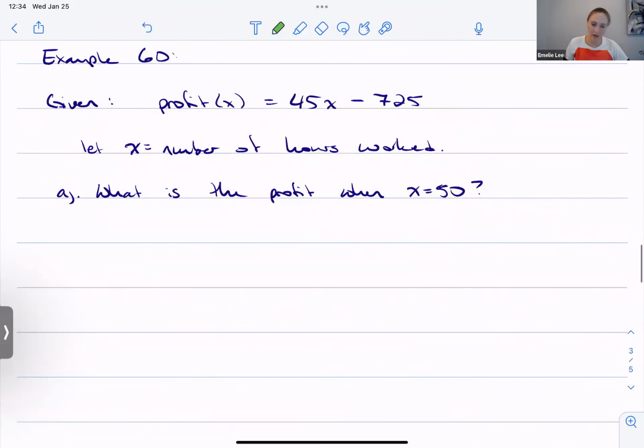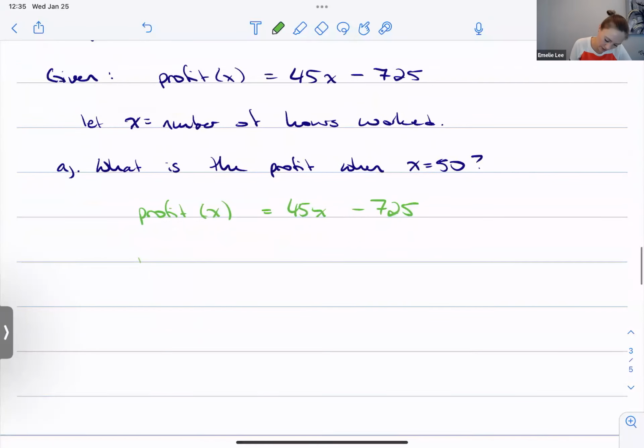Whenever I work with these functions, and this is just me being ultra picky, I like to have the original function written first, and then, unless I'm pressed for space, profit of X, 45X minus 725, just because then I can see what I'm working with.